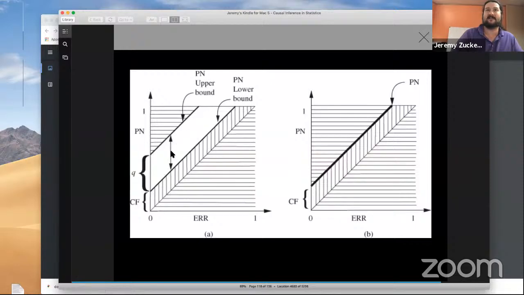So this gap is constant, it's just the size of Q. And I think in this case, I guess this is when Q equals 0, maybe.